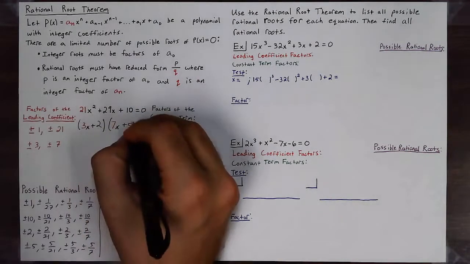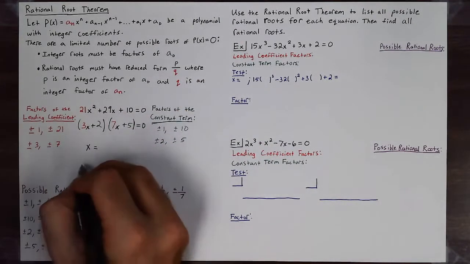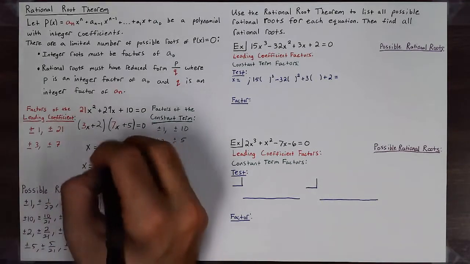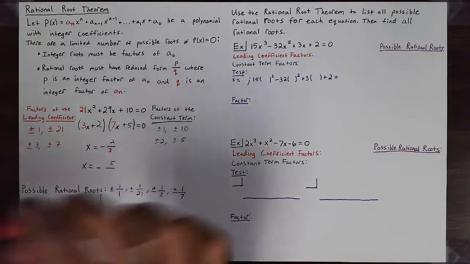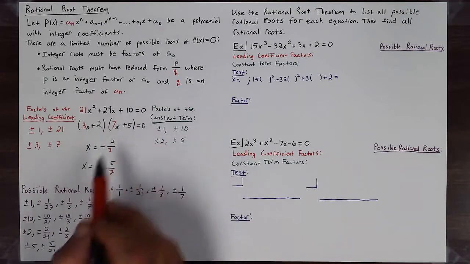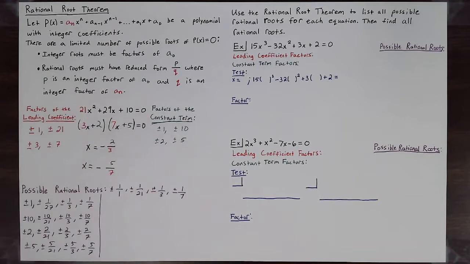And when I go to set these equal to 0 and solve, they give me two solutions, which would be negative 2 over 3, and negative 5 over 7. And what's really convenient is that the numerator of all those answers was a factor of the constant term, and the denominators of both the answers were factors of the leading coefficient.